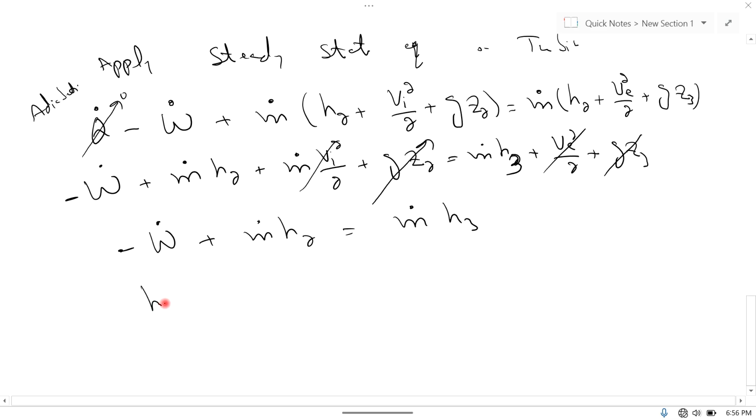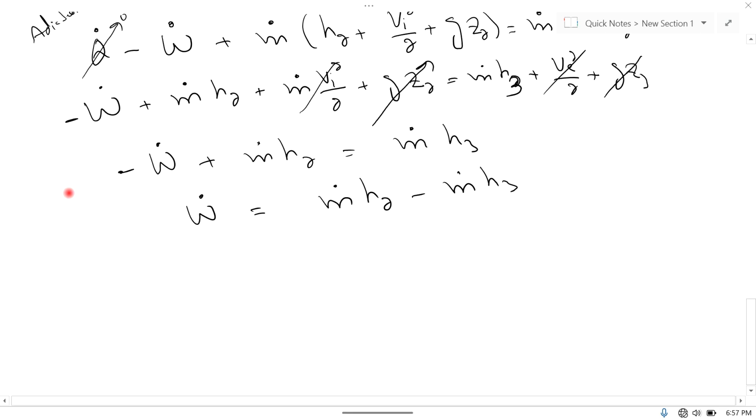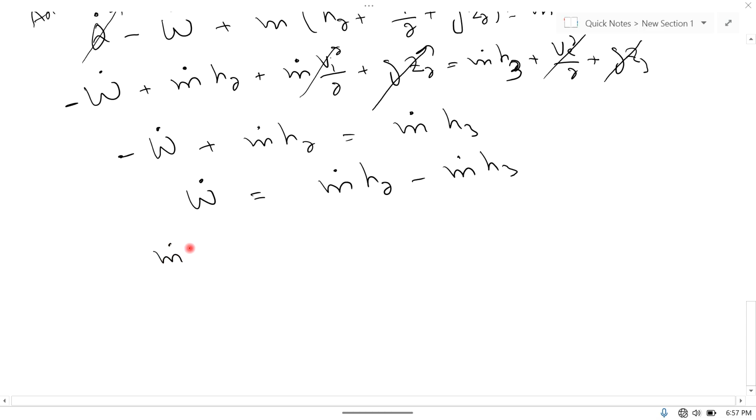So W dot is equal to m dot H2 minus m dot H3, or m dot H3 is equal to m dot H2 minus W dot.